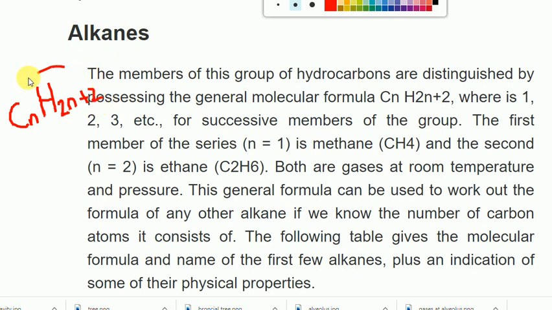This is how the general formula of alkanes can be written. We call it the general formula. We will discuss the concept of general formula and related things later. This is how alkanes and their members are written.